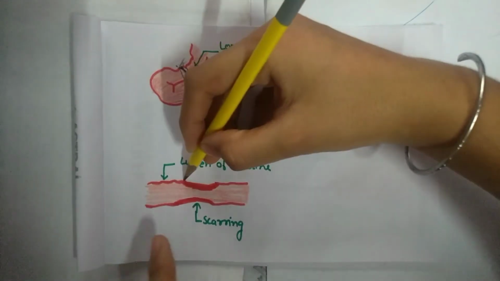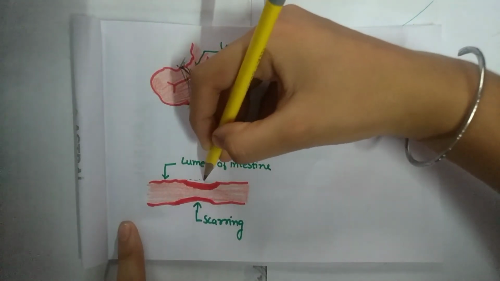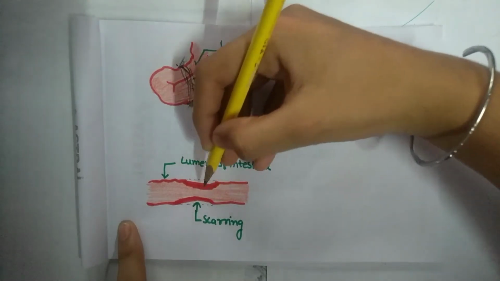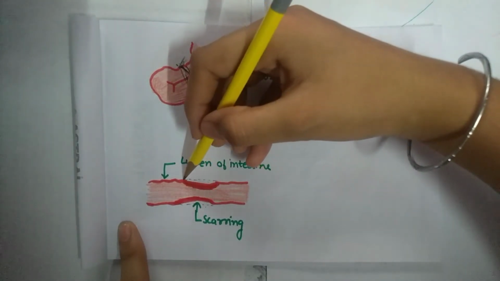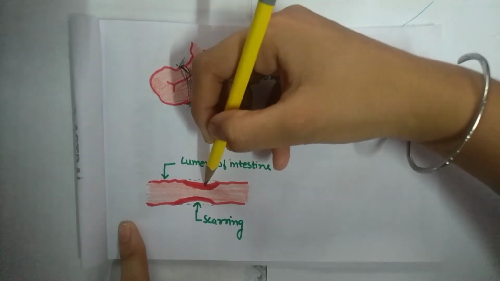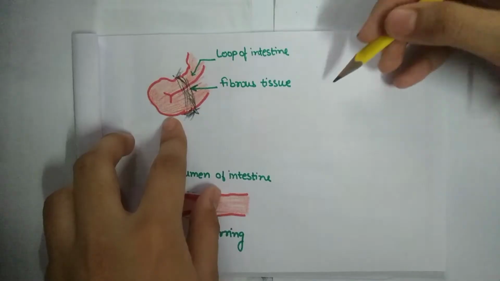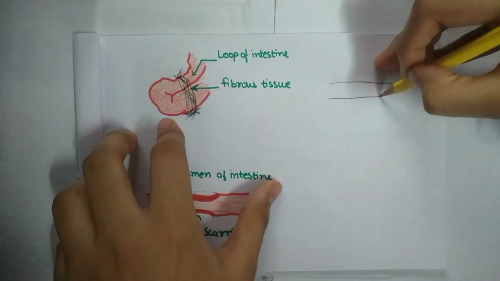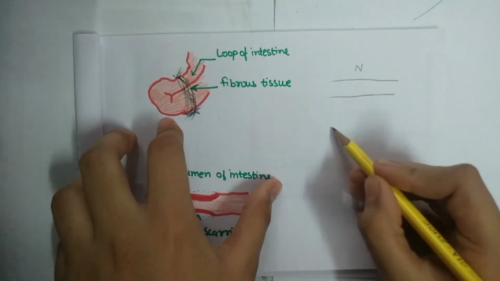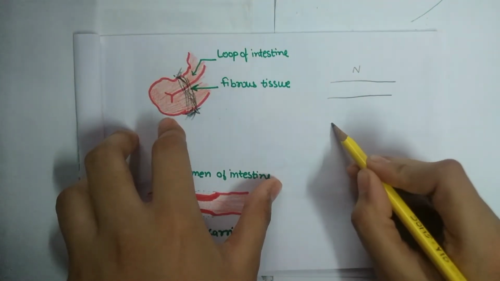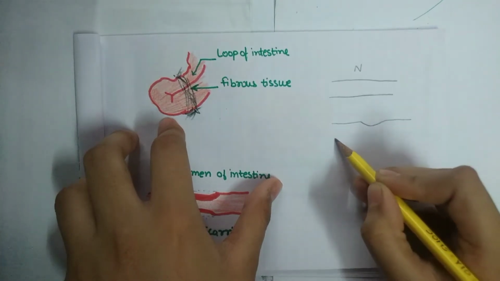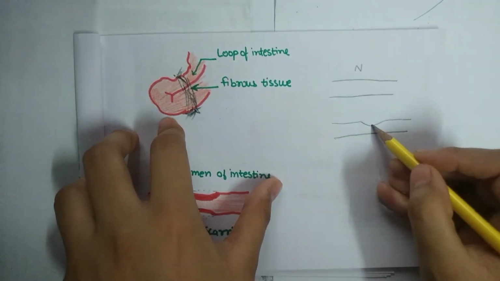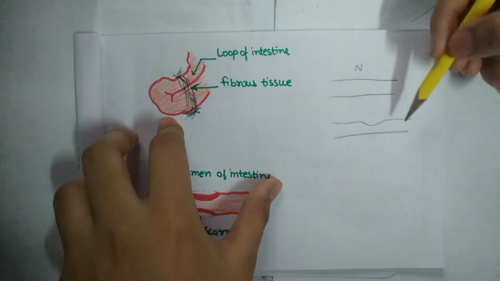So here you can see that if it was a normal lumen, it will be of this much diameter, but now it got constricted due to scar. Now let's move on. Stenosis is nothing but, if this is a lumen of intestine, this is normal. Now if we talk about stenosis, it will look like this. That is partial obstruction, not complete obstruction.